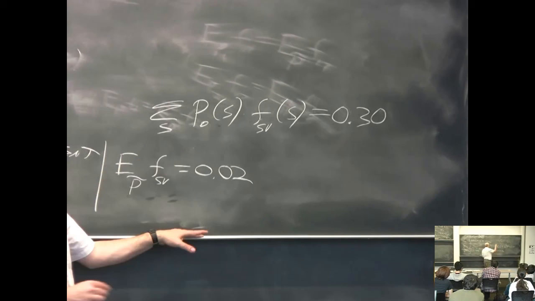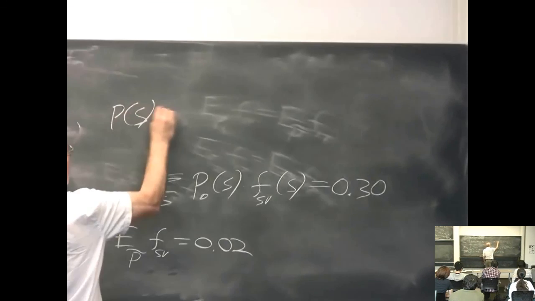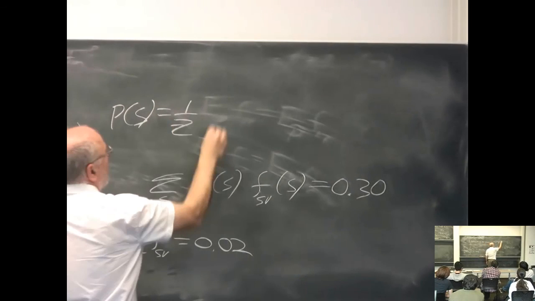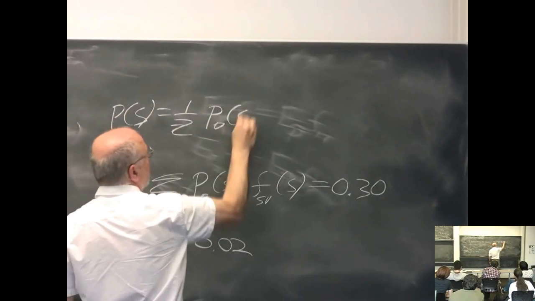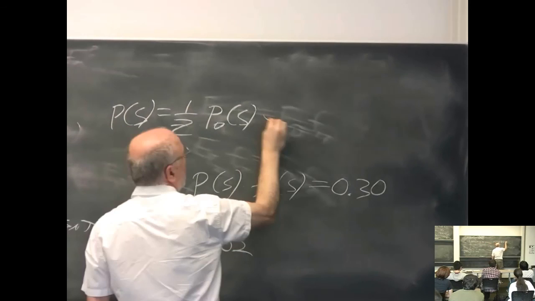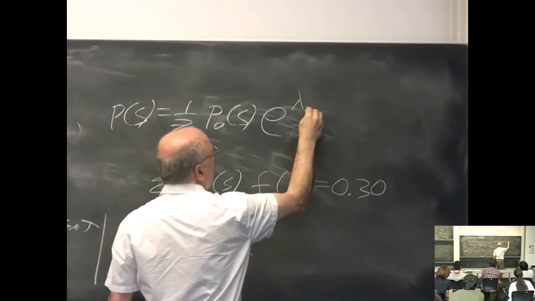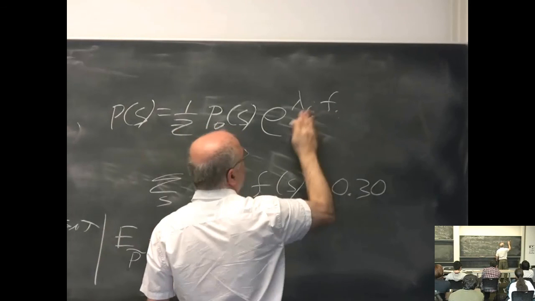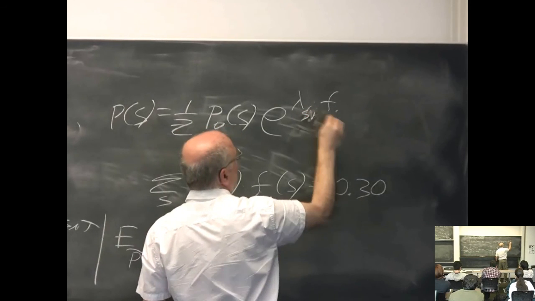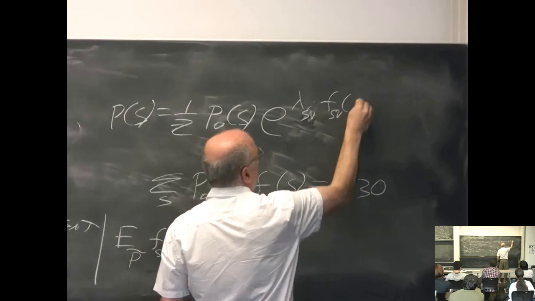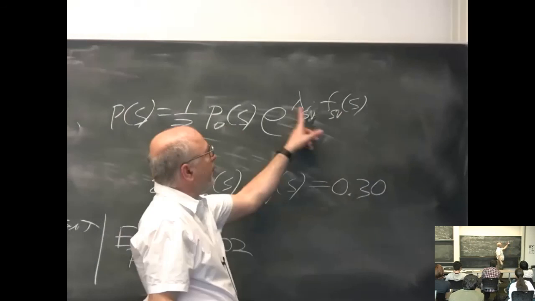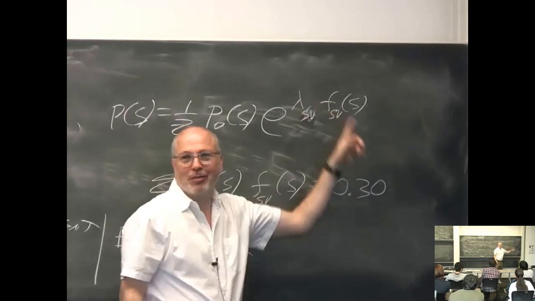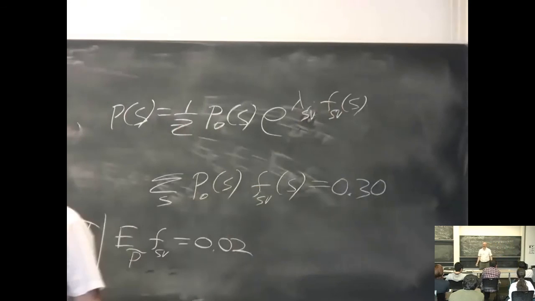So your model becomes P of S equals some normalizing constant times P sub 0 of S, that's your initial baseline, times e to the lambda f of S, the specific feature, the specific violation. This is not a summation, this is a single bump factor, a single feature.